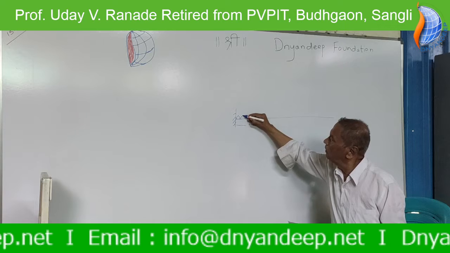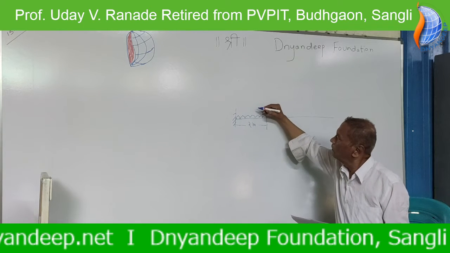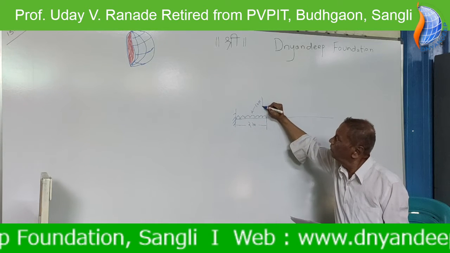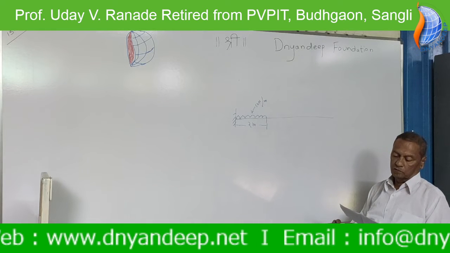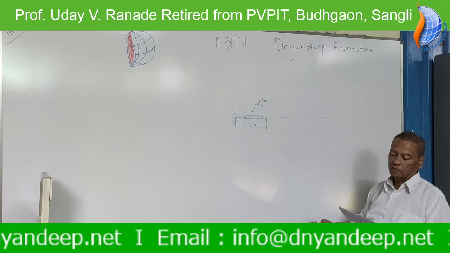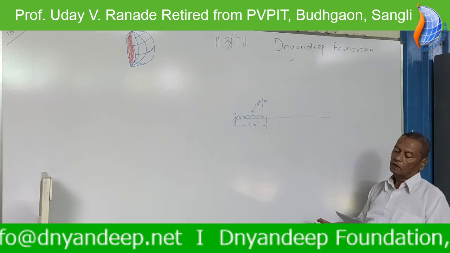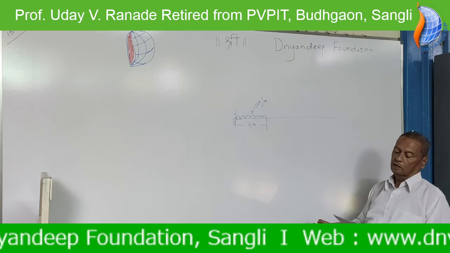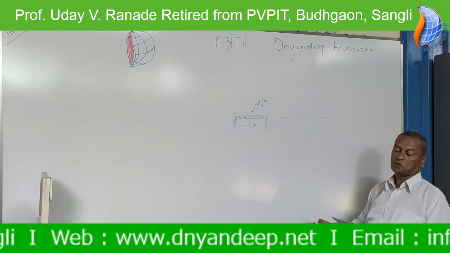Here UDL having value 10 Newton per meter. Uniformly distributed load. Of course, these problems are not from book, but I have constructed to give idea of problem in which support conditions are different, at the same time loading also is different.